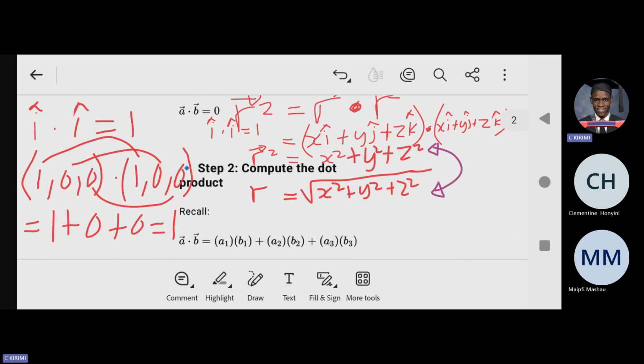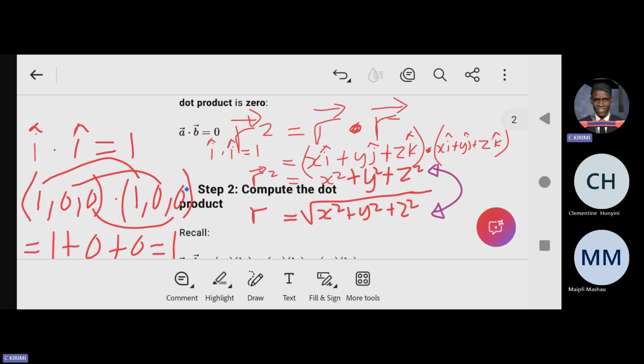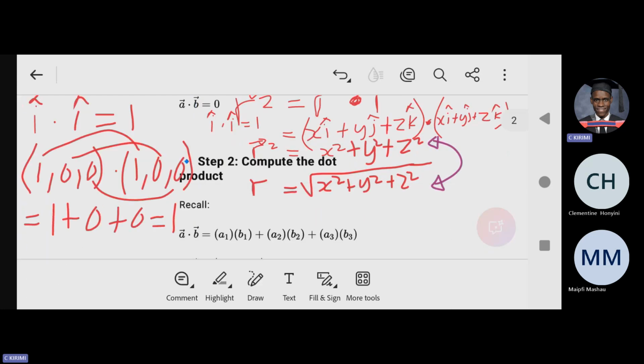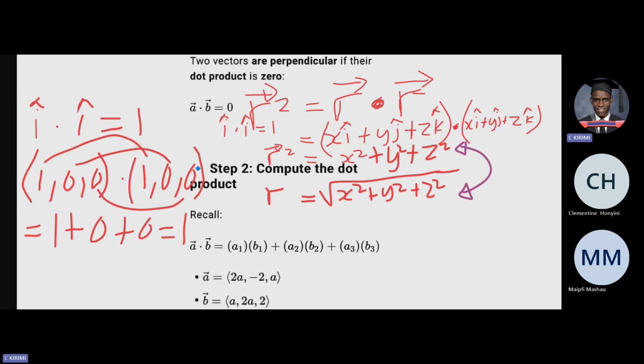If I just manipulate a bit, I can be in a position to write that r squared, which is a vector, in terms of r, which is a scalar. Once you are done there, then you'll be able to solve this problem. What are you seeing between the r squared as a vector and the r, which is just a scalar? The other one as a vector does not have a what? A square root. Good. Then the r that is a scalar quantity has a square root.